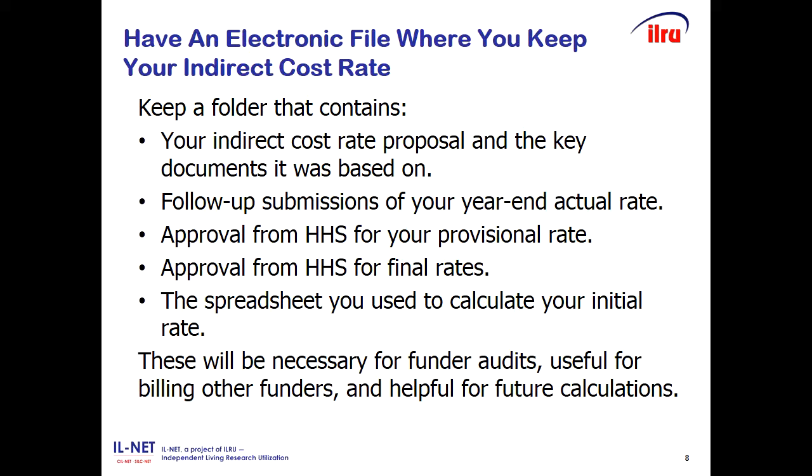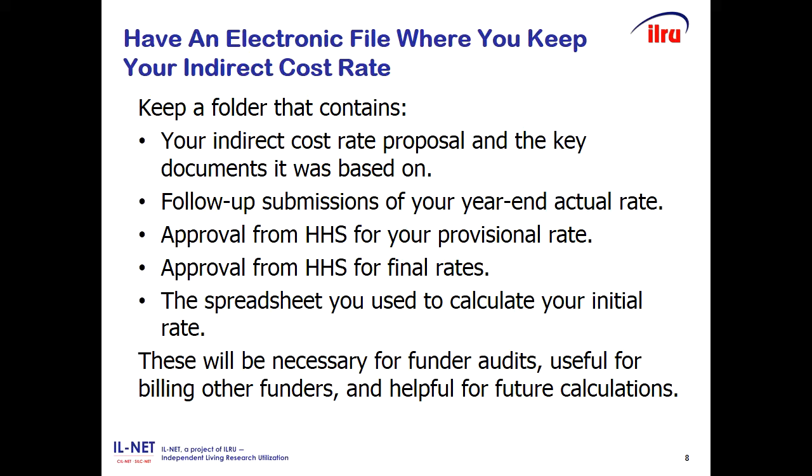It would include, of course, your follow-up submissions as you get these notices to give the actual rate. So anything you submit to HHS related to your indirect cost rate would be in that folder. Also the approval from HHS, you know, they're going to be approving or have approved hopefully your first rate. Eventually they will approve a second rate.